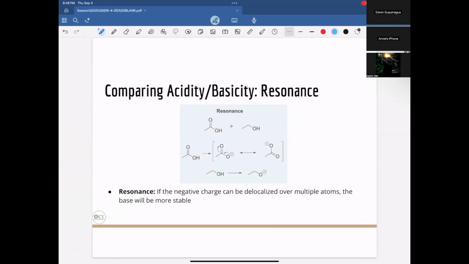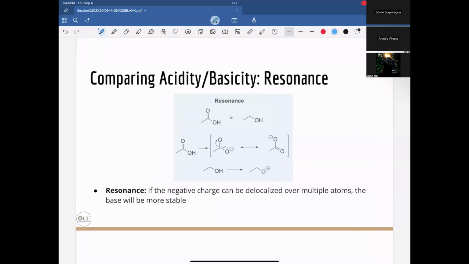Alrighty, so next we're going to look at how resonance affects our acidity or basicity. So again, like we said, if we are able to delocalize that charge and move it around by spreading it out, we stabilize it. And if we stabilize the charge, we have a more acidic proton. Also, something to consider that might be kind of confusing is that when you're looking at resonance, it's not just how many resonance structures you can make that's important.